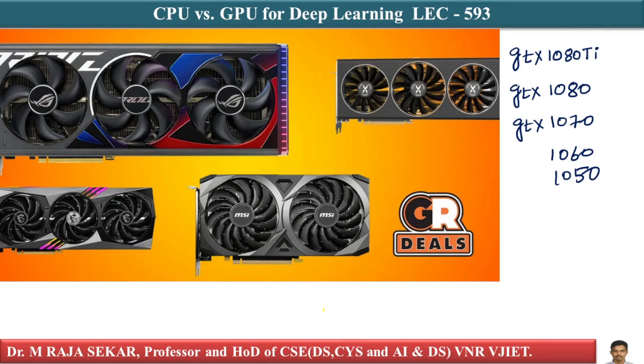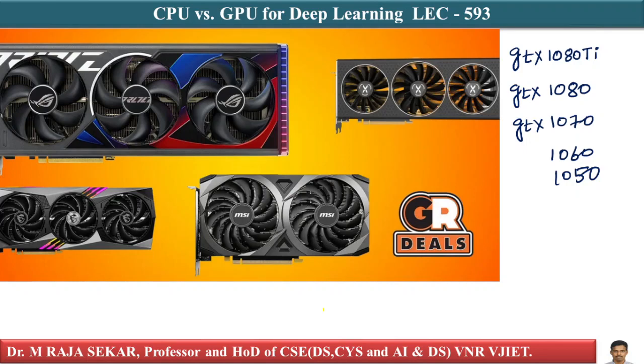And those of you who wonder which GPU you need to buy to do deep learning, if you have financial resources, these are some of the most popular GPUs: GTX 1080, GTX 1070, GTX 1060, GTX 1050.